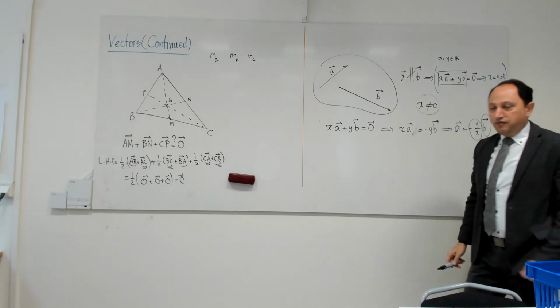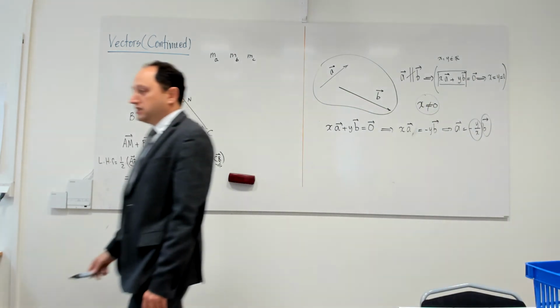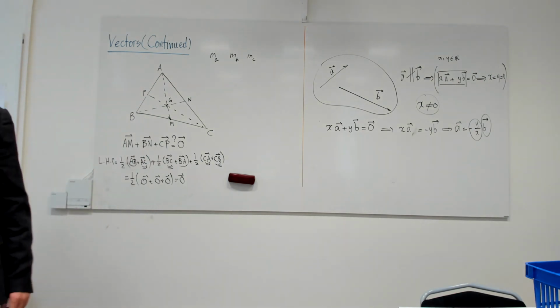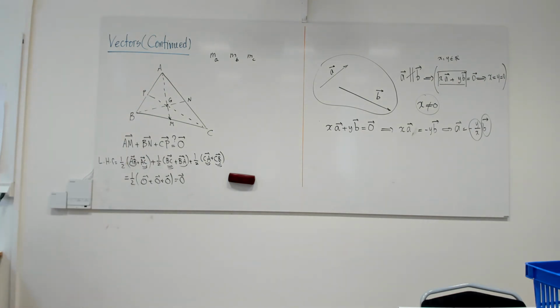So if a linear combination of two vectors is equal to the 0 vector, and you conclude that x and y are equal to 0, this is the only choice, then you say that a and b are linearly independent. You will work a lot with this idea at the university level. But here, if you have two non-parallel vectors in a plane, they are linearly independent.